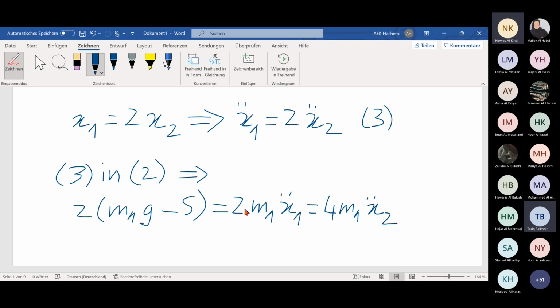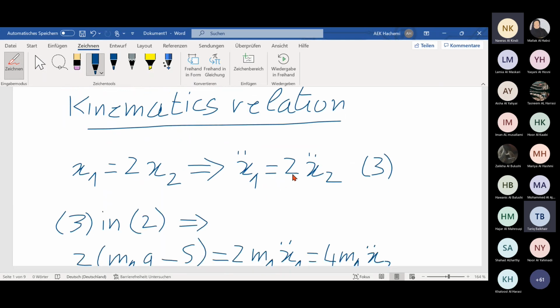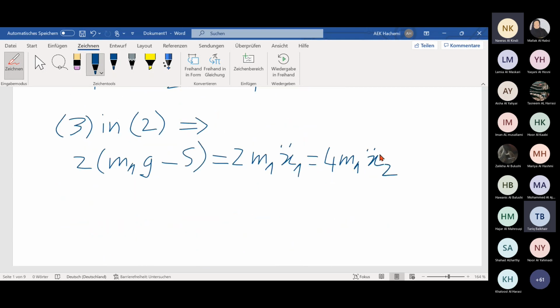This is the expression from here. And x dot dot 1 is only 2 times x dot dot 2, which will give here 4 times m1 x dot dot 2.